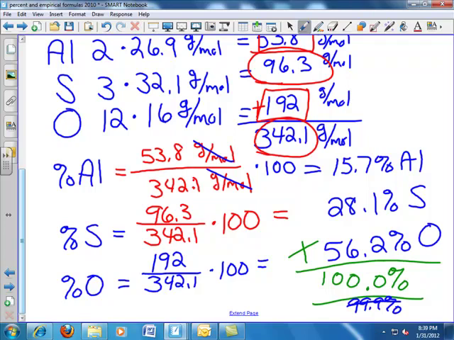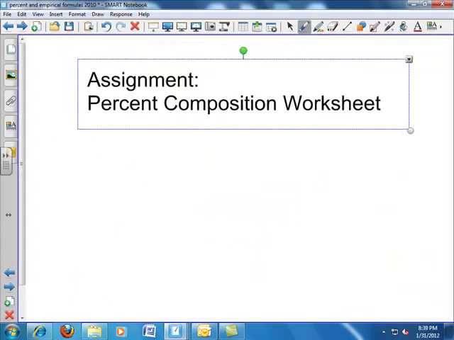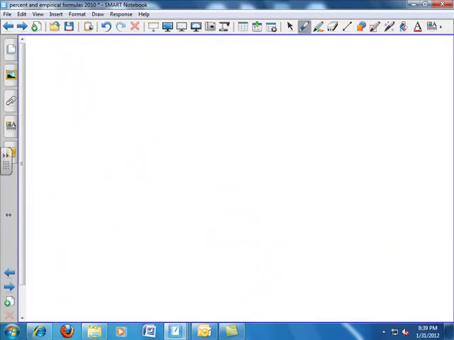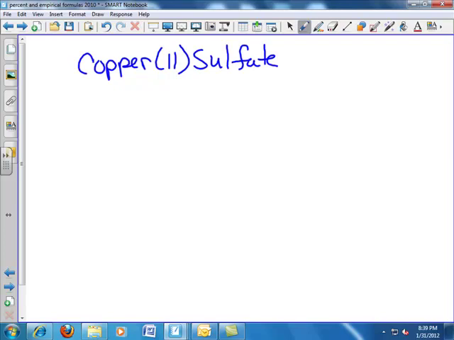So that's percent composition. I'm going to do one more example. We're going to do one more example, and I do want you just to look at this particular example. I know you probably have this concept, but I'm going to talk about a compound called copper 2 sulfate pentahydrate.